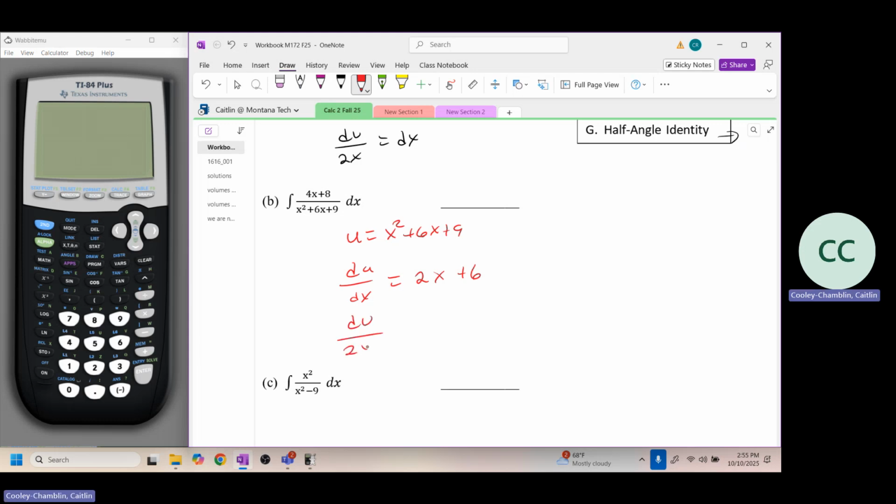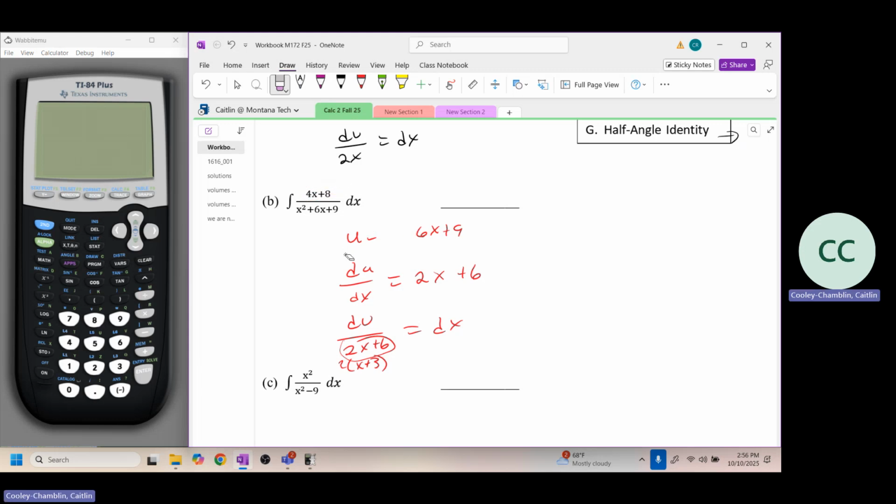Du over 2x plus 6 equals dx. This 2x plus 6 is not 4x plus 8. I cannot make them be the same thing. If I pull out a 4 here, I get x plus 2. If I pull out a 2 here, I get x plus 3. These are not the same factors. U substitution does not work.